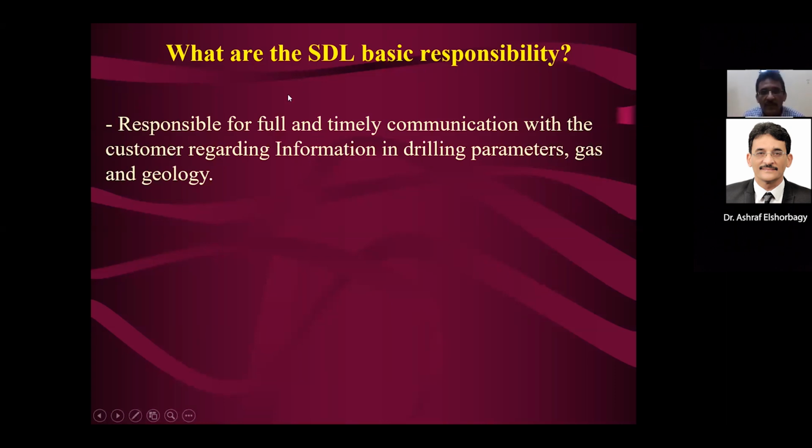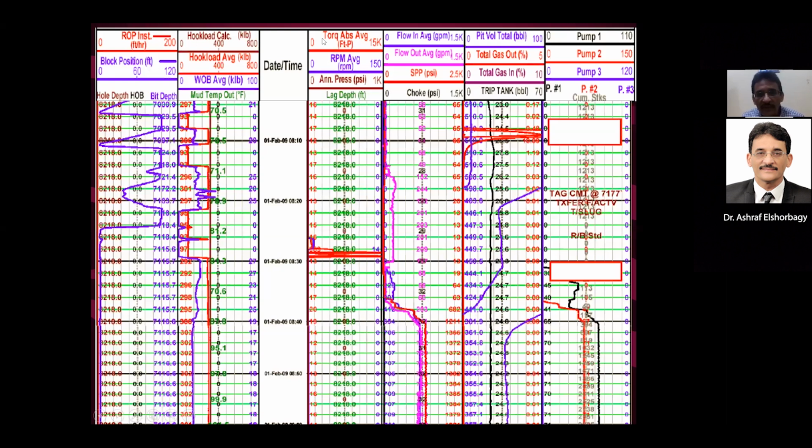This log is real time. Real time means that you see every time, and it plots here all the data: the hook load, the torque, the RPM, the flow out, the flow in, the pump pressure, the gases, the pit volume. Any change in any one of the parameters, the mud logger is responsible for that.